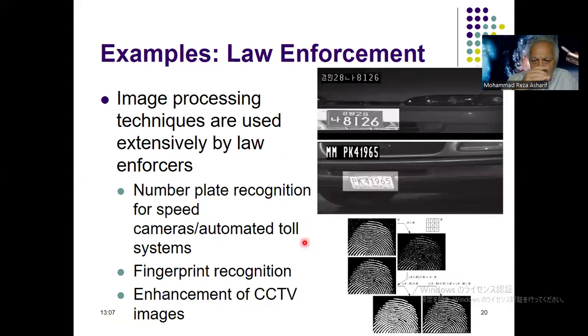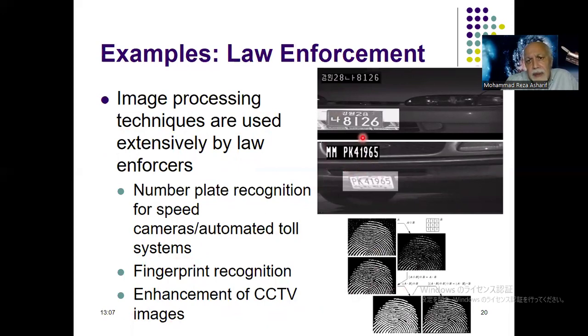Also for law enforcement, image processing techniques are used extensively: number plate recognition for speed cameras, automated toll systems, fingerprint recognition, enhancement of CCTV. This is a fingerprint, this is a plate number.